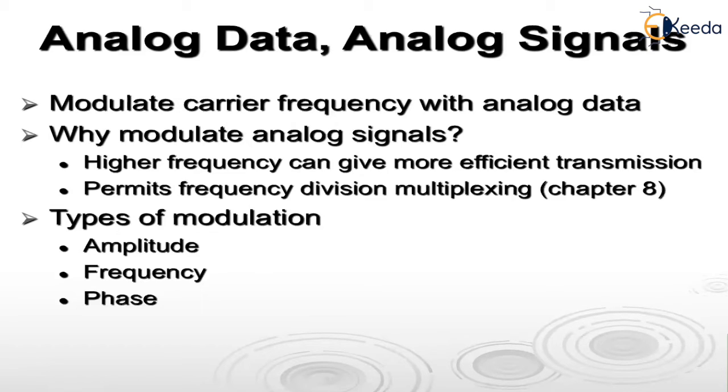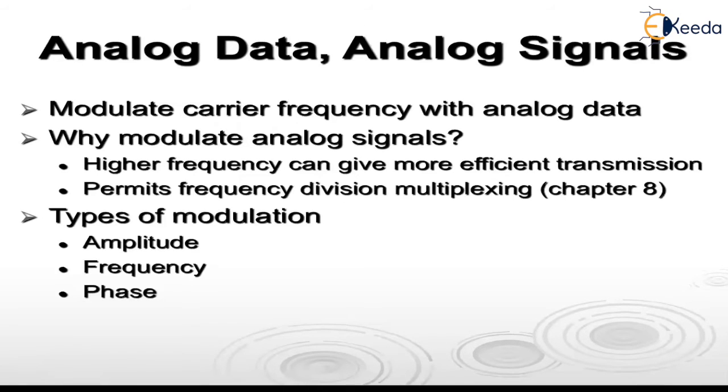That means analog data modulates the carrier frequency and produces the analog signal, and this analog signal is transmitted over the analog links. The basic techniques are amplitude modulation, frequency modulation, and phase modulation. Modulation has been defined as a process of combining an input signal m(t) and a carrier frequency fc to produce a signal s(t), whose bandwidth is centered on the carrier frequency.